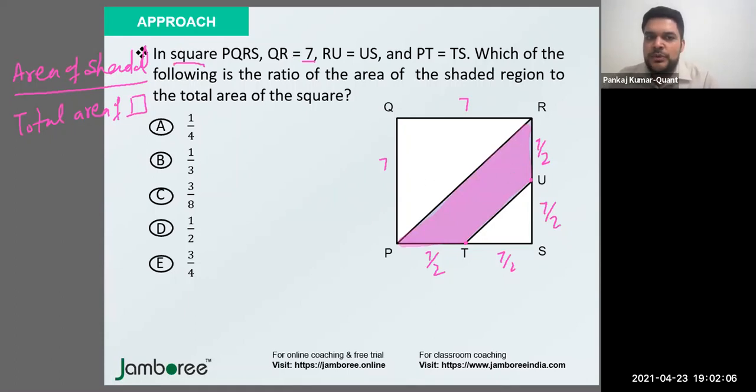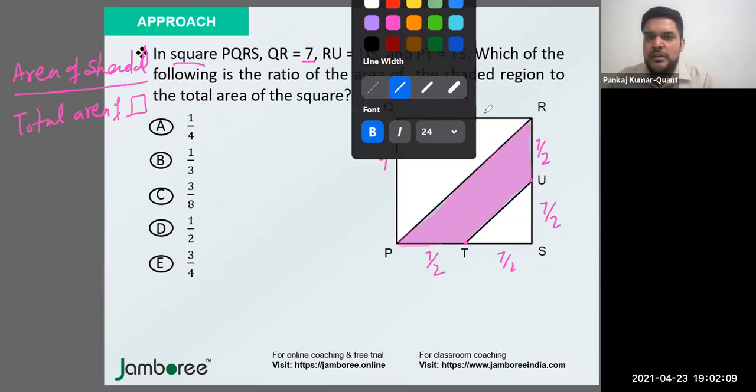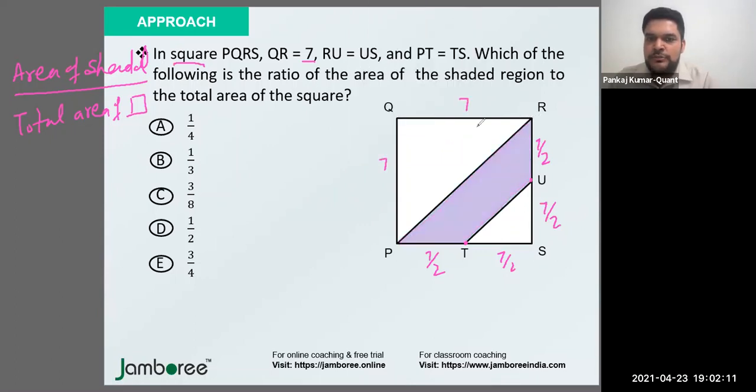What I would have done is calculate the area of this triangle, that means half base into height. And from that triangle, I should have subtracted this one. But why am I subtracting?